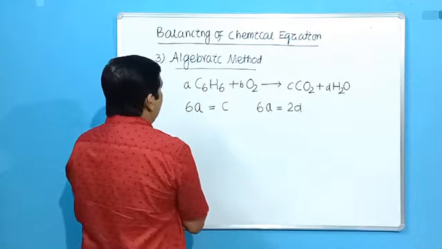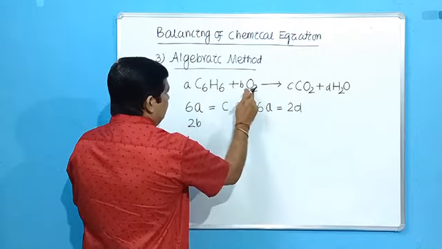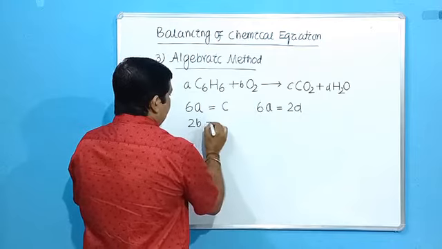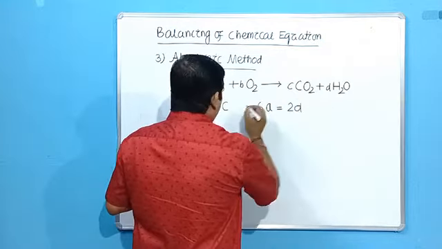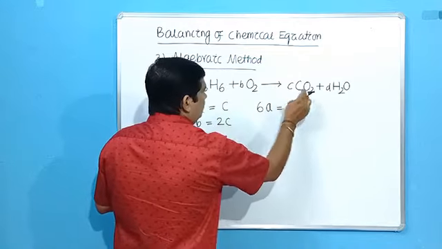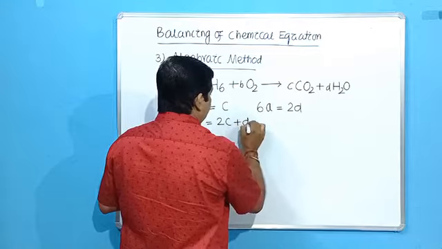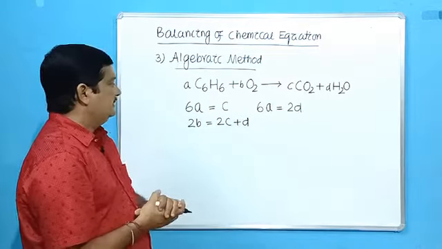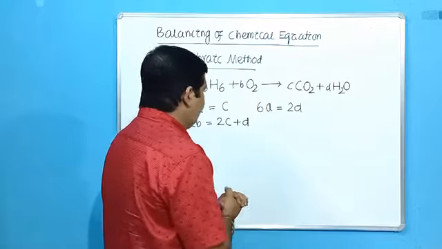Then next, with respect to oxygen, 2B on the left hand side, 2 into B, will be equal to 2C plus D. These are the three relationships which we find by balancing the chemical equation.